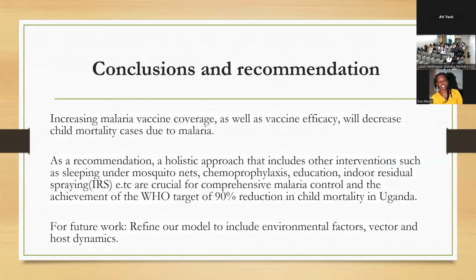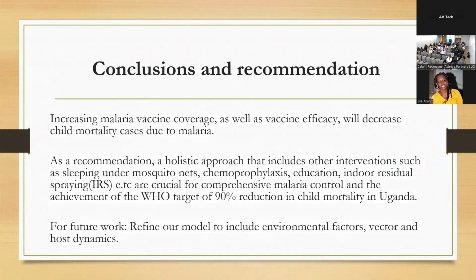So in conclusion, we believe that increasing malaria vaccine coverage as well as vaccine efficacy will reduce child mortality due to malaria. But because we cannot achieve the 90% target set by WHO, a holistic approach is required, such as sleeping under mosquito nets, chemoprophylaxis, education, indoor residual spraying, among others.